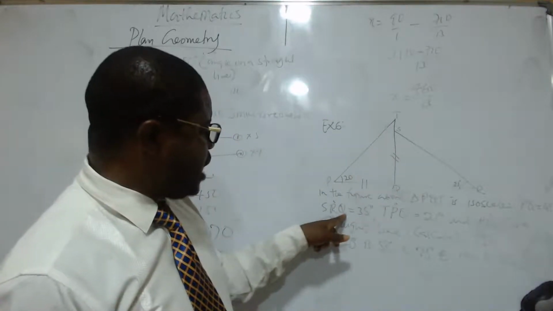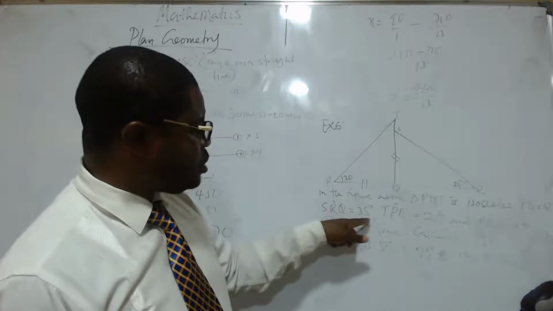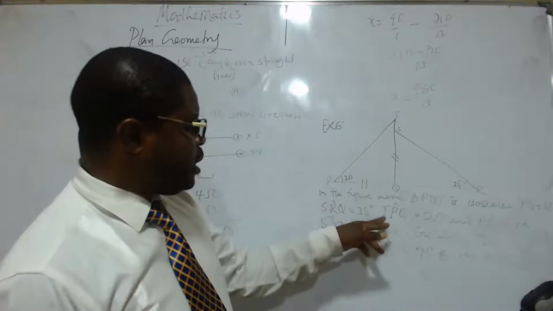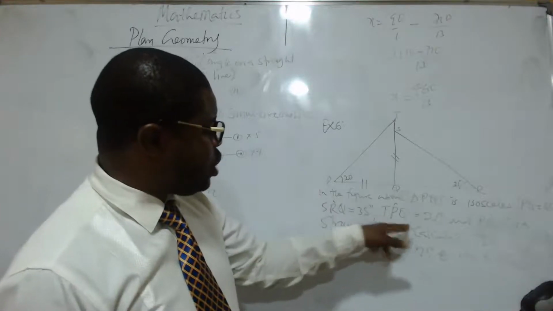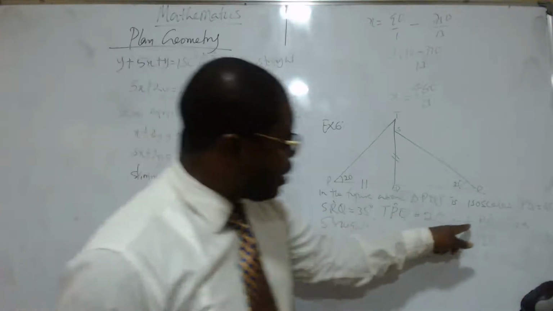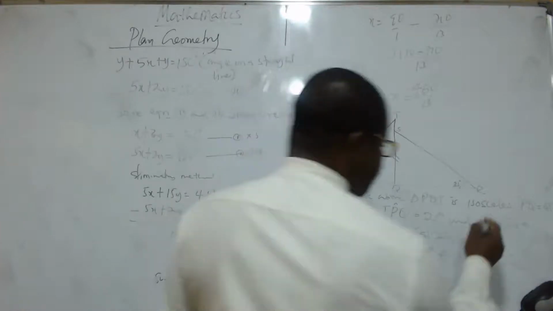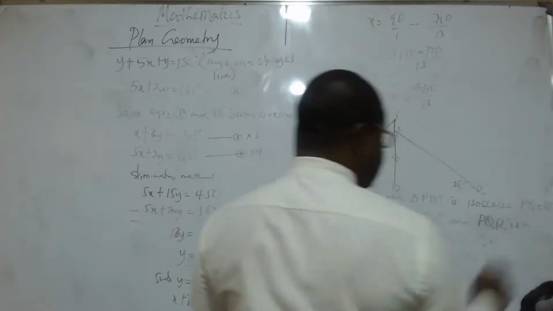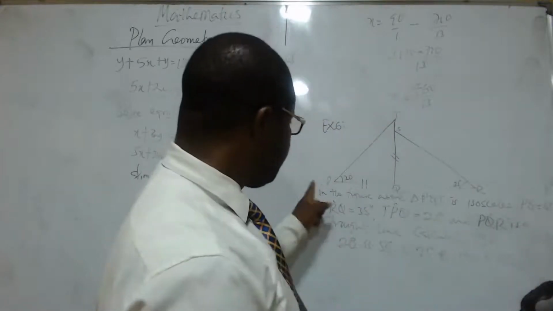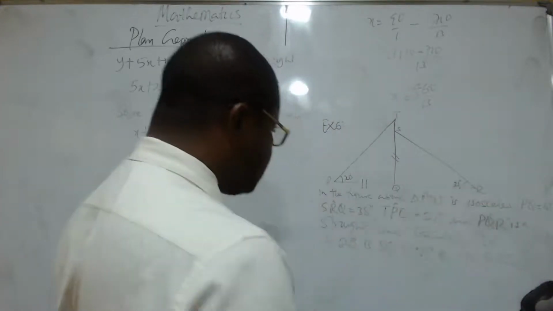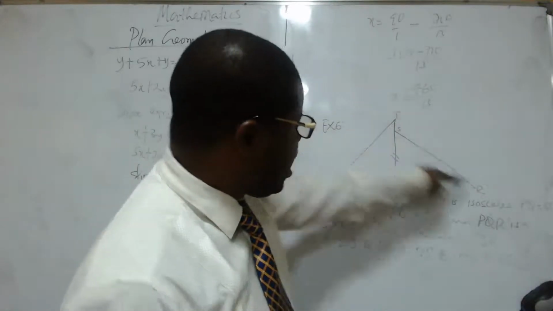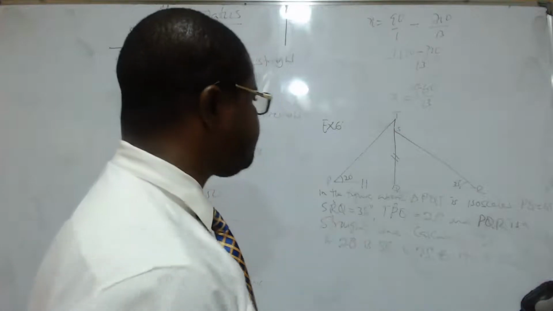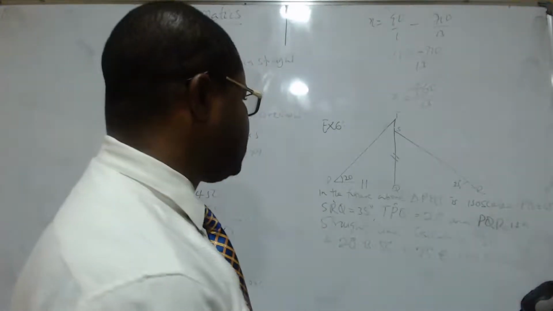Then QRX, that's angle R, is 35 degrees. Then TPQ is 20 degrees. And PQR is a straight line. So you're looking for this angle here. Now, how do we go about this?